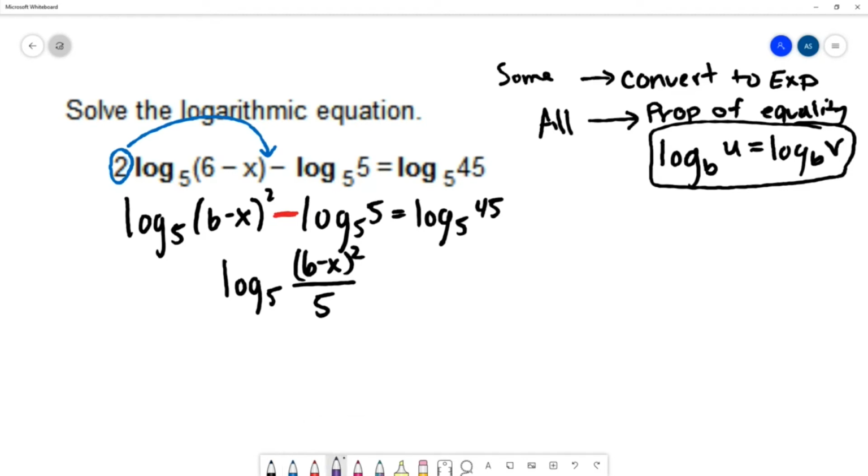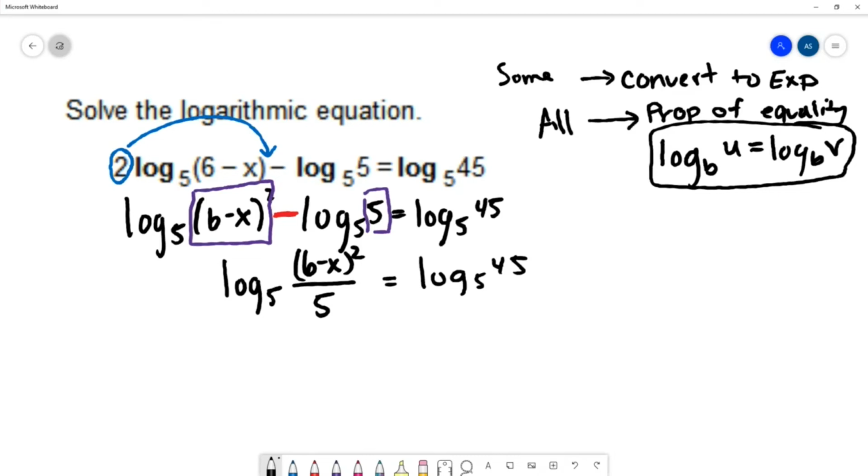So with the quotient rule, I'm going to divide these two inside the logarithm. And now I have it with the log, same base on both sides.